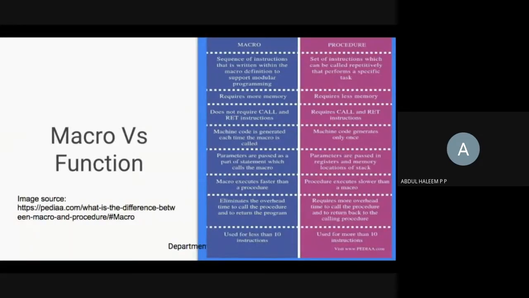That means if I have a macro called, say, MAC1, and this MAC1 has, say, 10 statements, and if we had used MAC1 in, say, 10 places in our main program, before the main program is translated, every instance of MAC1 will be replaced with those 10 statements.